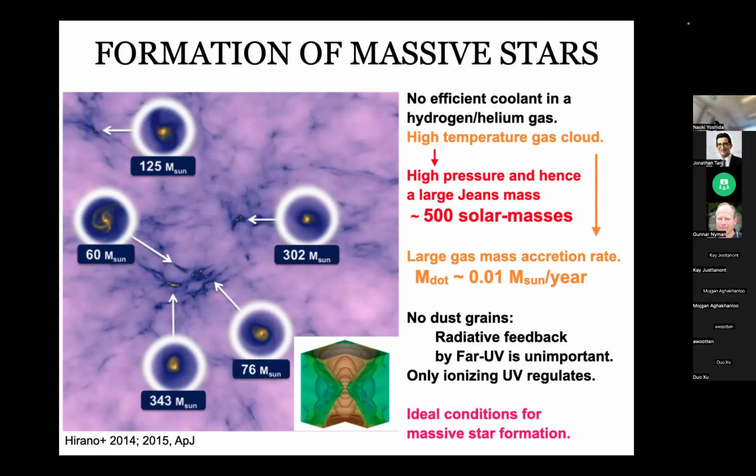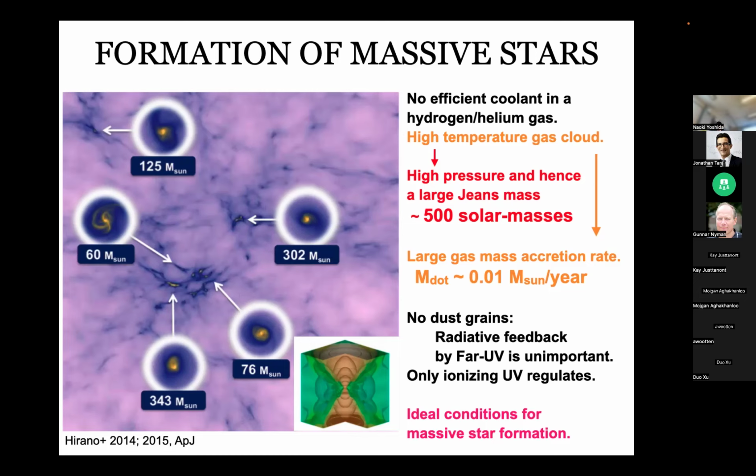First, because of the lack of efficient coolant, the gas remains relatively hot. It's like a high temperature gas cloud. And because of that, the corresponding Jeans mass is very large, about 500 solar masses. So this is the mass available for star formation. And because of the high temperature, the gas mass accretion rate onto the protostellar object is also high. It scales with temperature to the power of 1.5 or so.